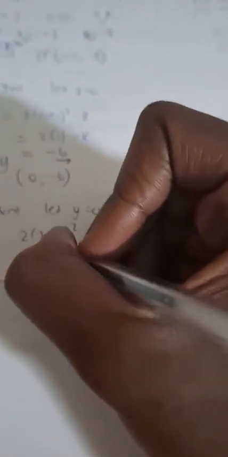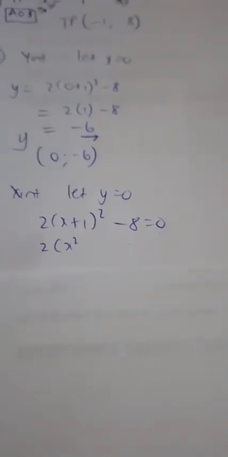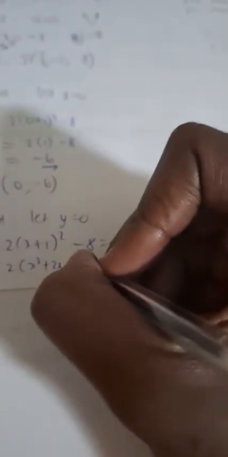Remember, it was y is equal to, but it doesn't matter whether you write that y this side or not. This helps with convention, so I can solve. So 2 into x plus 1, the whole thing squared, then it means 2(x squared plus 2x plus 1) minus 8 is equal to 0.